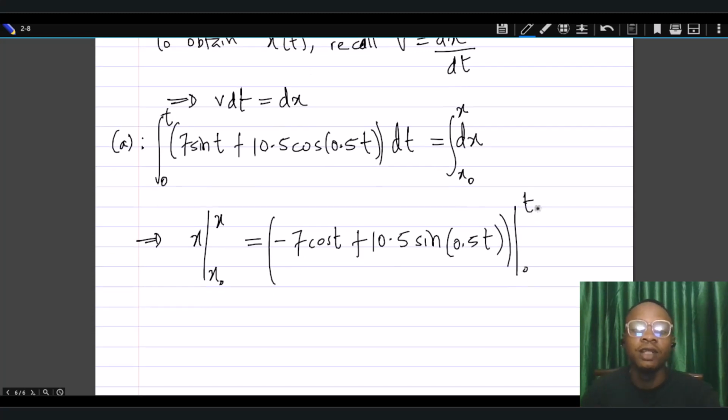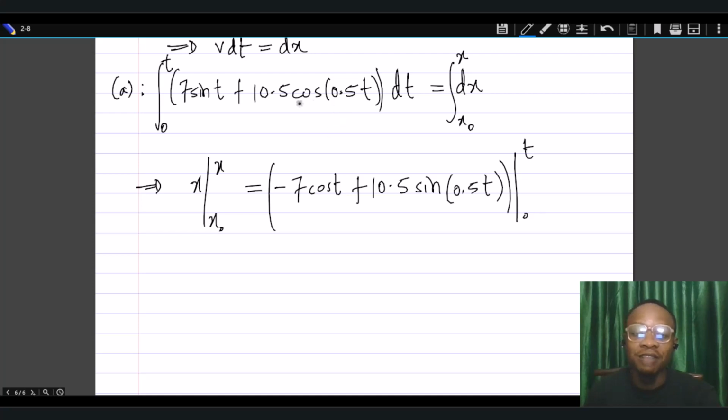All right, so that is that about that. Of course, we need to divide by 0.5 here because of the argument here. The derivative of the argument is 0.5. Okay, so that is that for now. And then going further, this is x minus x naught. So x minus x naught equals, when we substitute t here, minus 7 cos t, and then 10.5 over 0.5, that's 10.5 times 2, that is 21.